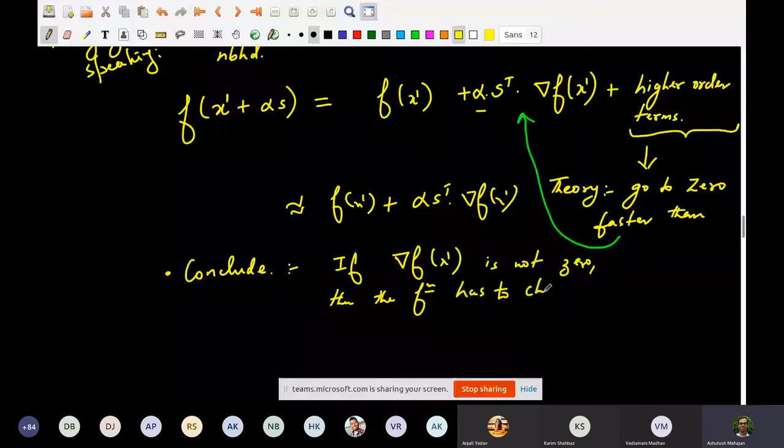It can't remain the same because that's what the derivative is telling us. It has to change provided this gradient of f is non-zero.